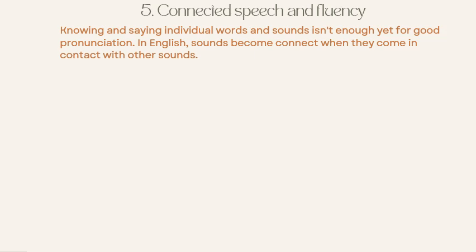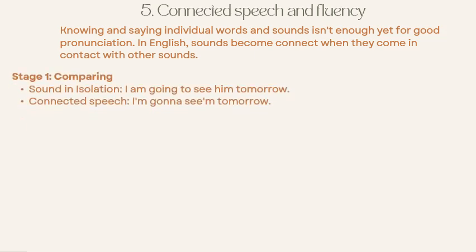So in the first stage, we give students a sentence in isolation, okay, which means you say, I am going to see him tomorrow. So this sentence has sound in isolation, and then you give them a connected speech, which most native speakers in daily communication will sound like, right? So you say, I'm gonna see him tomorrow.